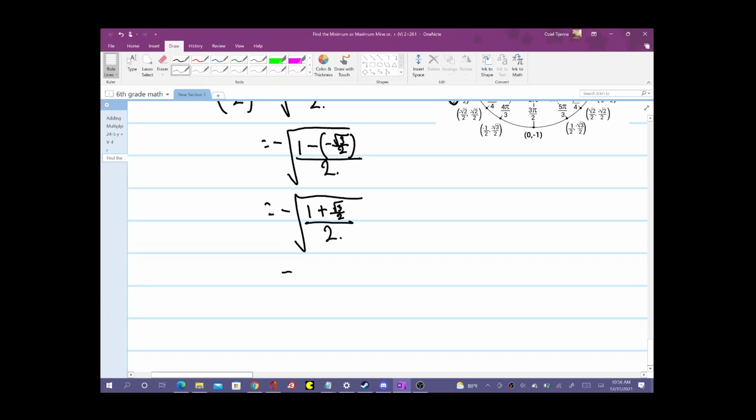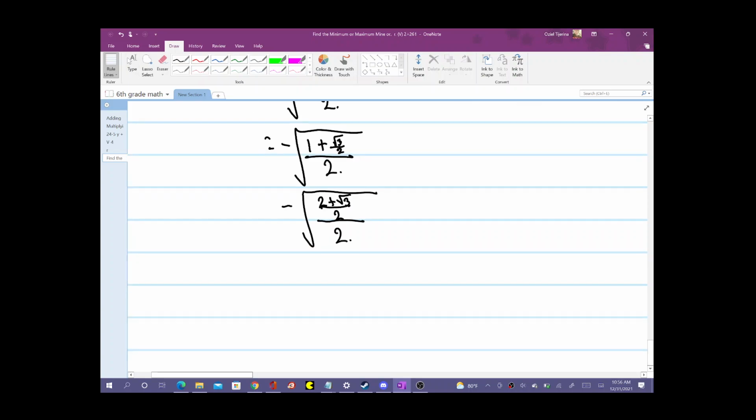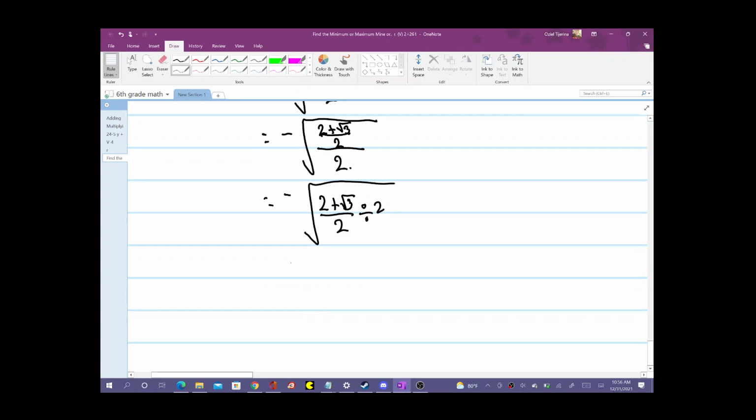Then this becomes negative the square root of 2 plus the square root of 3 over 2, over 2, which becomes negative the square root of 2 plus the square root of 3 over 2 times 1/2.